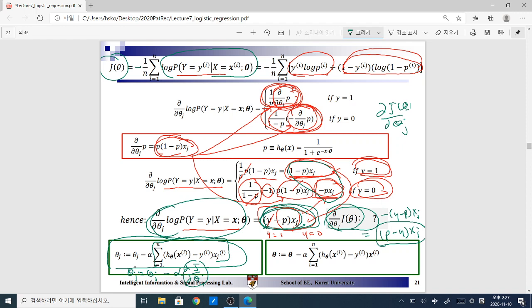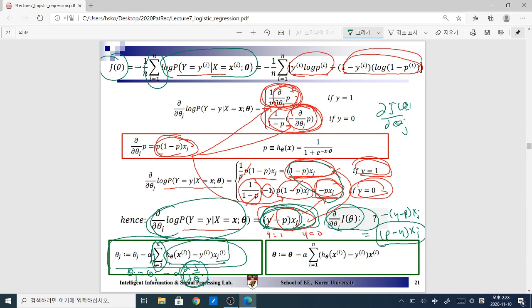So this dJ d theta, which is multiplied by minus alpha, is going to be essentially this. Okay, so it's the summation, because we do have summation. And actually, I should also put a 1 over n here. Actually, 1 over n is not there, so I should also put a 1 over n there.